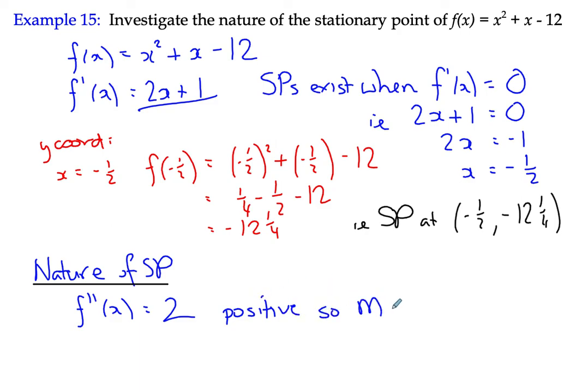So we can say it's a minimum turning point at negative a half, negative 12 and a quarter. Okay, and that's all we have to do. If we still had a function of x, we would substitute x in it, and we'll do that in example 16. But that's a wee introduction to the idea of investigating the nature of a stationary point using the second derivative. I hope that's been helpful.